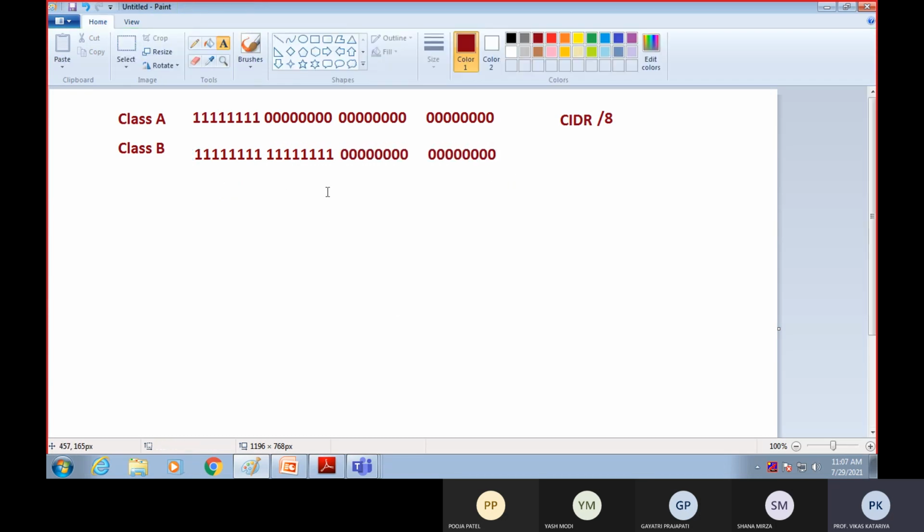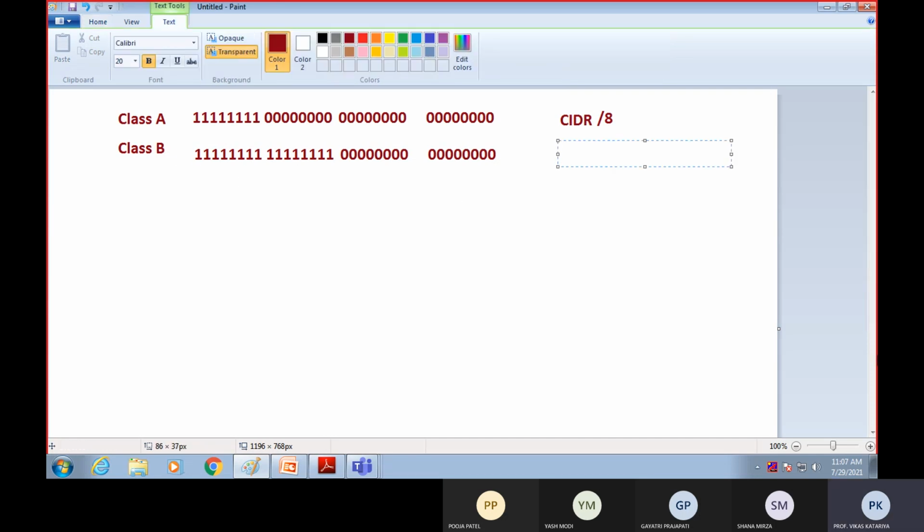So you have to calculate how many ones are in the network ID, in the prefix bits. So in class B IP addresses, there are a total of 16. So CIDR will be /16.